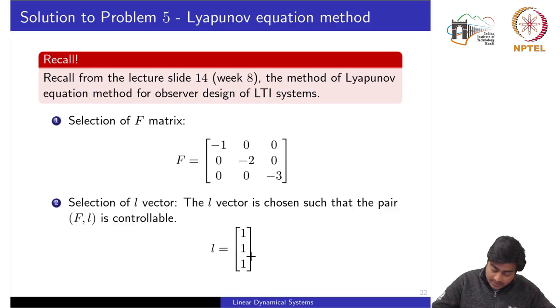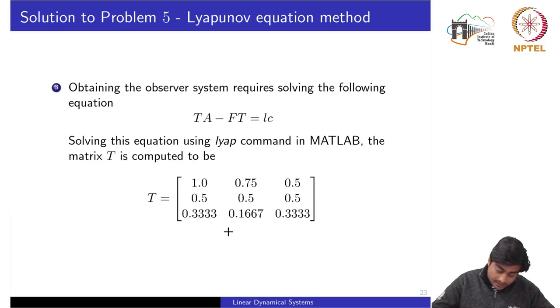We have selected this L vector and this pair F, L is also controllable. The third step is computing the T matrix, which is obtained by solving this Lyapunov equation, and we have used the lyap command in MATLAB to obtain this T matrix.